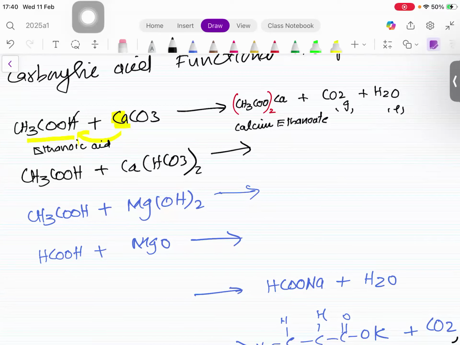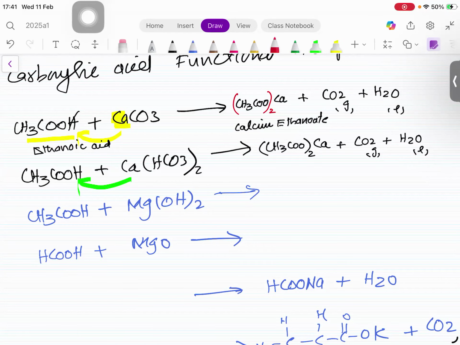Again this metal is going to displace this hydrogen, whether it's a carbonate or hydrogen carbonate, whatever it is, the metal displaces the hydrogen. Again the salt formed is the same, CH3COO twice Ca. I'm not going to do all the working again, we know what we have to do. And whenever there is hydrogen carbonate you have to write carbon dioxide and water as the other products.